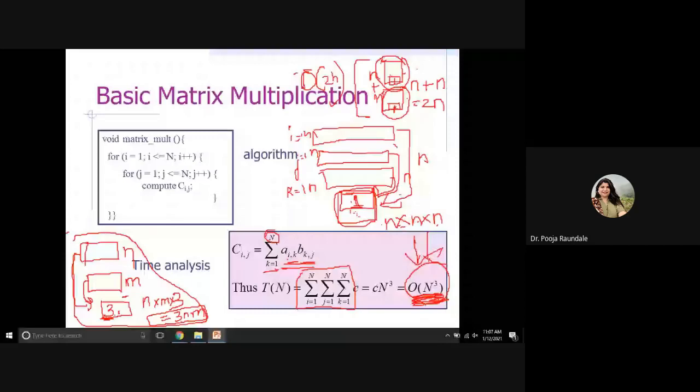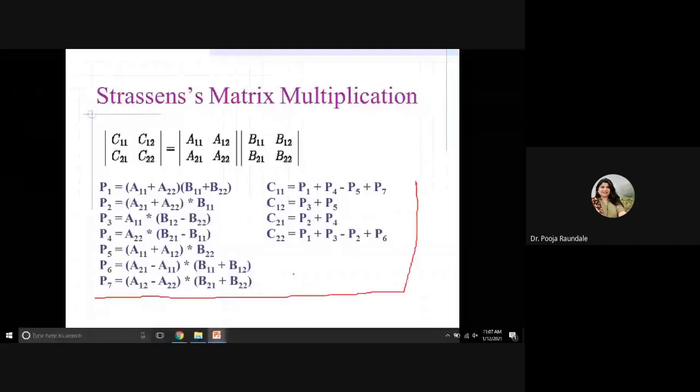Now, when we come to Strassen's matrix multiplication, we have done this yesterday. And what we have understood is 8 multiplications.